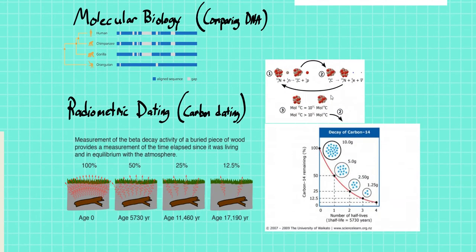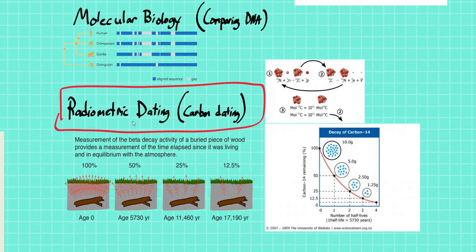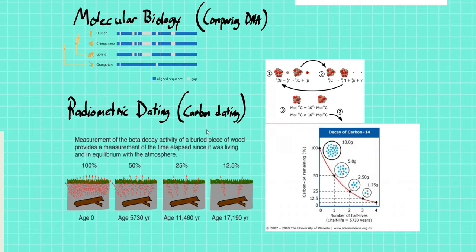And if we look at the fossils and try to think about how old they are, radiometric dating, radio dating, or carbon dating is taking a look at how much of particular isotopes of carbon. So isotopes of carbon, mostly we see carbon-12, and some carbon-14.